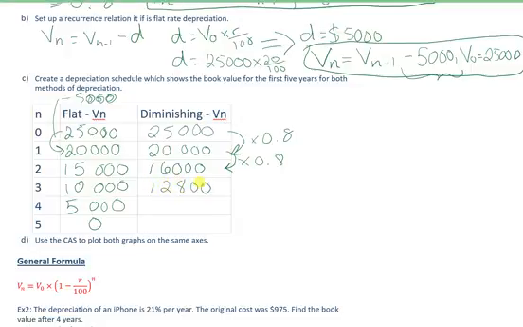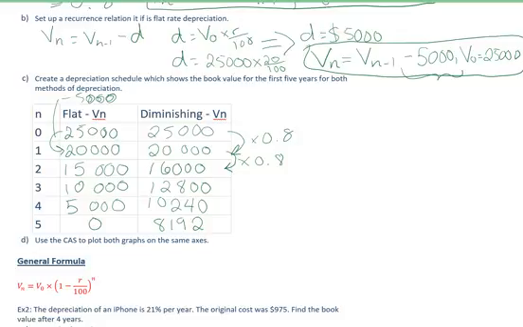If I keep going, I get 10,240 and then 8,192. So a massive difference depending on which method we're using. For the flat rate, after 5 years, it's at 0, so it's being written off, whereas using the diminishing, we're still at over $8,000.